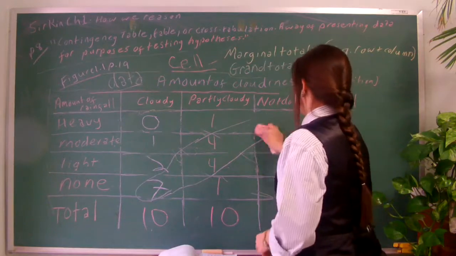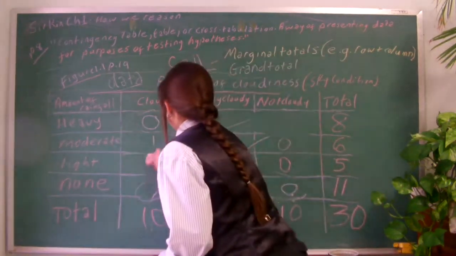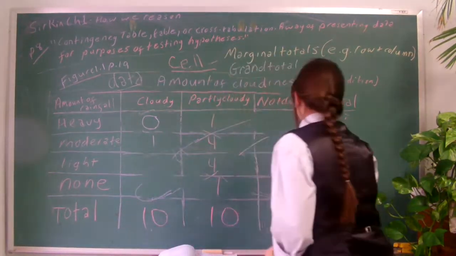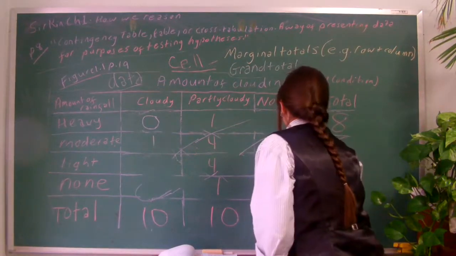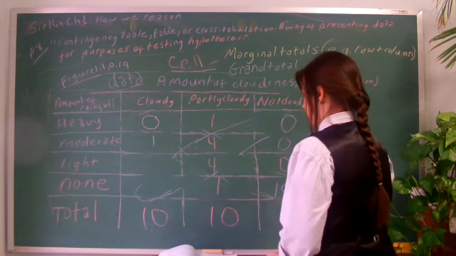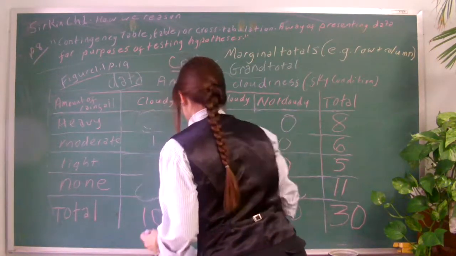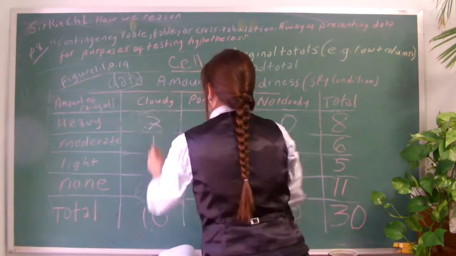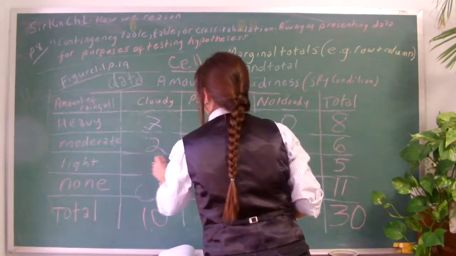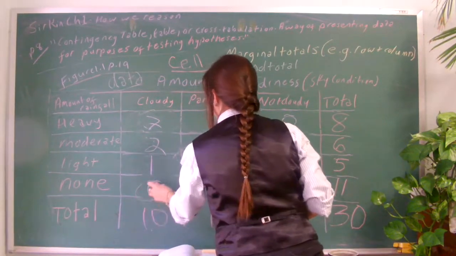And something else to look at, what Sirkin has to say here, for example, the other one, where clouds increase and rain increases, let's say where that was a 0 and what were these numbers? I'm trying to remember what these were. I think it was a 7 up here, and I think he changed it to a 2 and a 1. Let's pretend that's how it was.